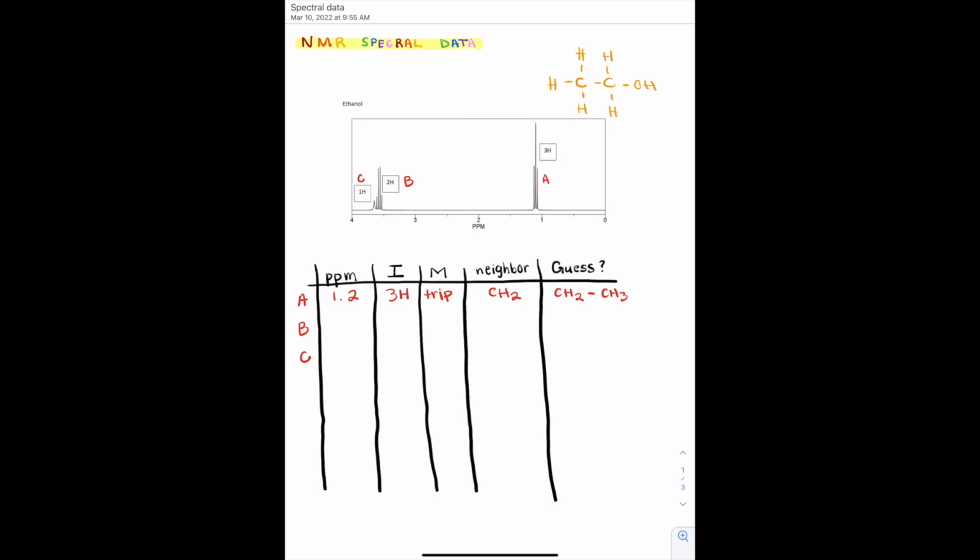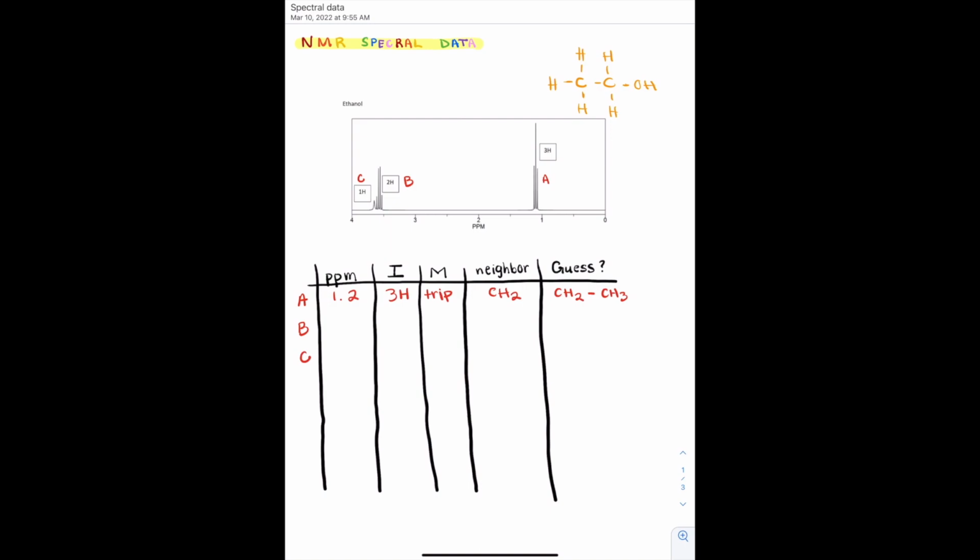And I went ahead and drew out the structure of ethanol right up here so that it can be seen because it's a little bit harder to guess the entire structure of a molecule without it being given first.